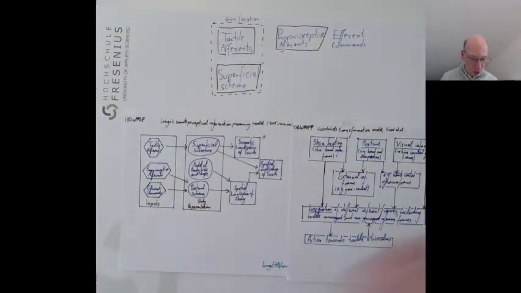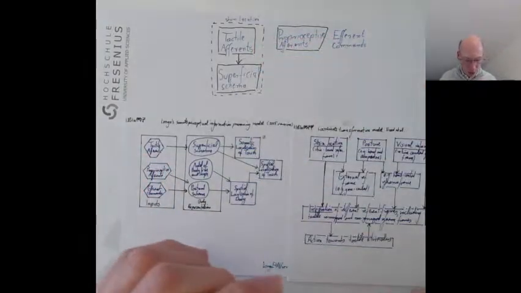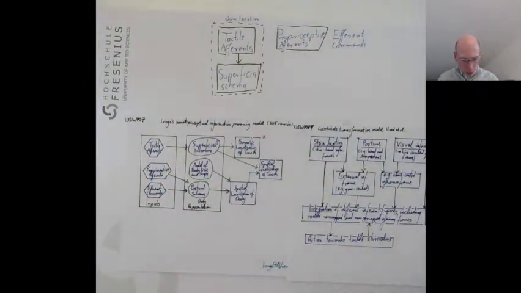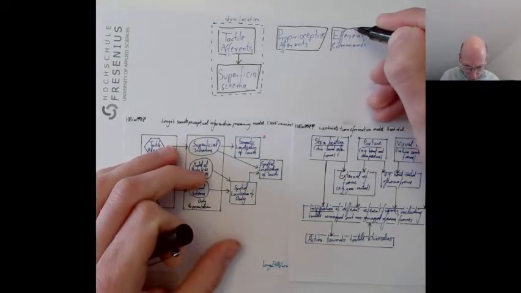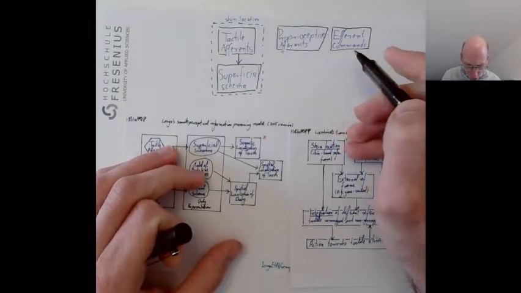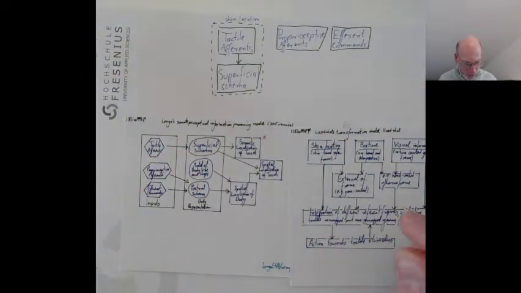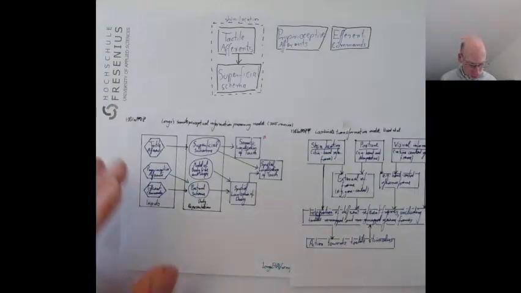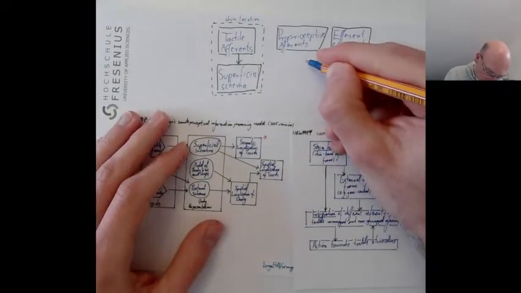Oops, and I just noticed I forgot to draw an arrow here. Right. Let's draw a box around this as well. These are also functions, or at least inputs, and then they get fused, probably fused and processed at the same time, into a postural schema.